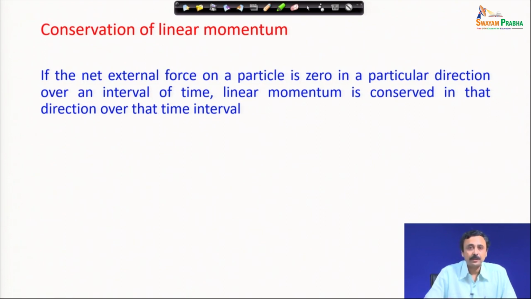Now, it can always happen that you choose a very specific time interval over which the area under the force time curve is 0, but that does not mean that momentum has been conserved, because it has to be arbitrary. I can arbitrarily choose my starting time and ending time, and if under arbitrary time ranges this does not change, then the net external force on the particle is 0.